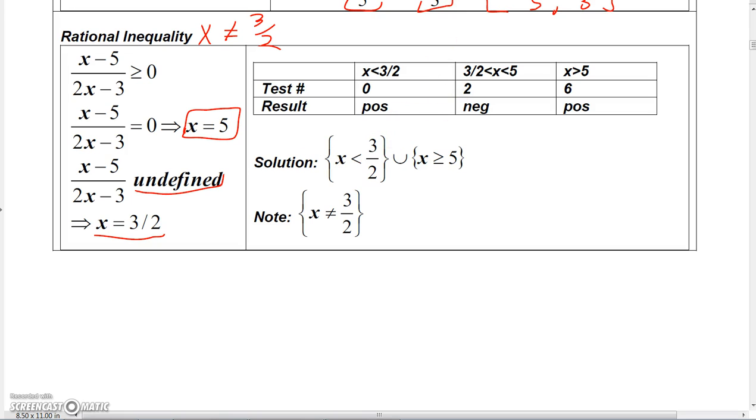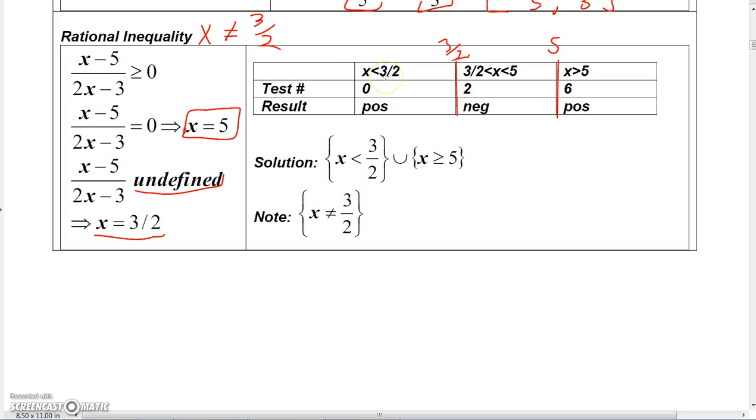So I'm going to divide the number line up into 3 regions again, 3 regions because I only got 2 critical values. The 3 regions are going to be broken up using 3/2 and 5.